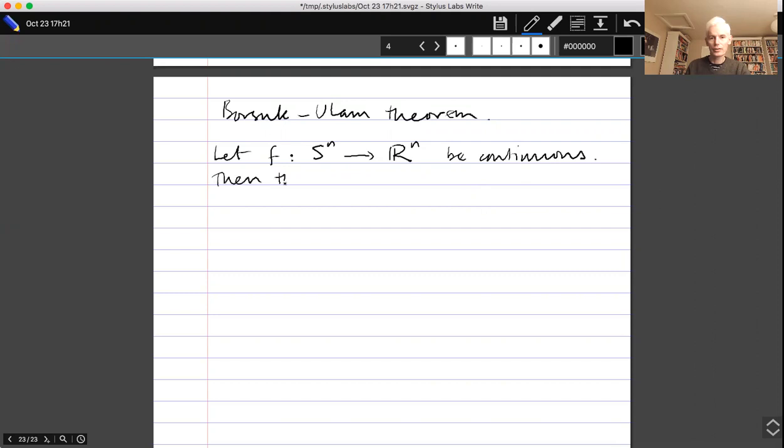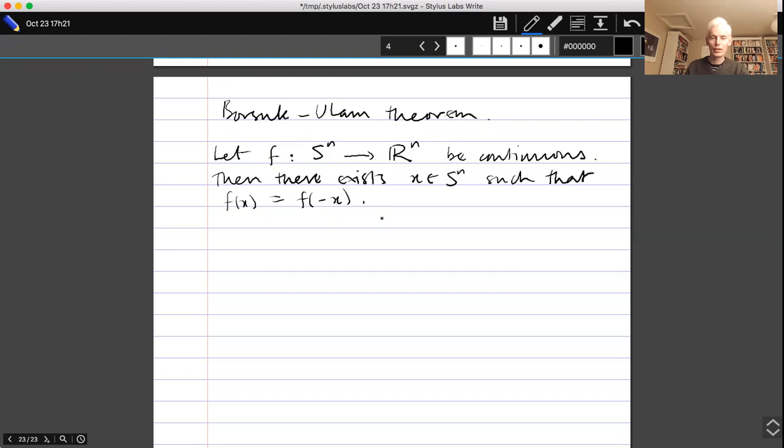Then there exists x in S^n such that f(x) equals f(-x). Or to put it in a way that people like to say, f maps two antipodal points to the same point.